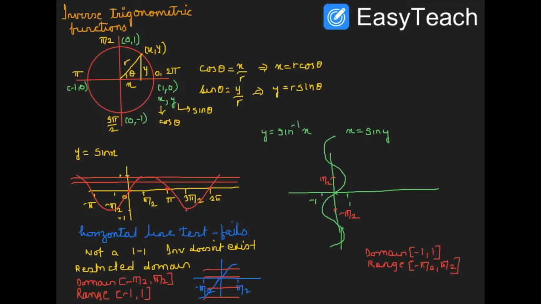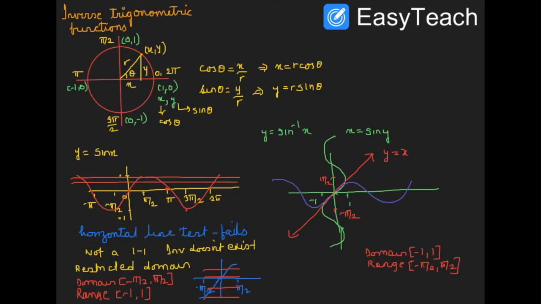If I was to combine both the graphs, this one and this one, let's see what we will get. The first graph was looking like this, and I combine these. Just to show you, if I draw a line in between, the line passing through the origin is given by y is equal to x, and this is the line which is at an angle of 45 degrees.